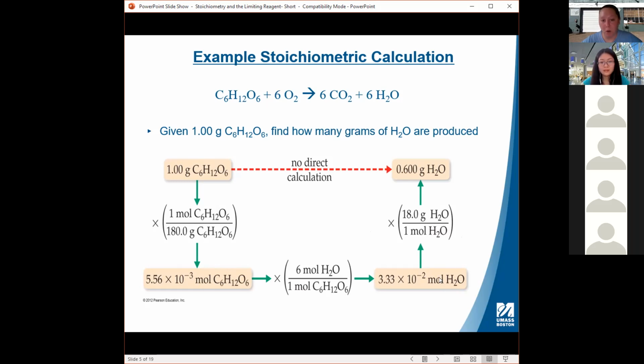When we're going from moles to grams, we want to use the regular molar mass with grams over moles. So we multiply the number of moles we can make by the molar mass of water, and we get 0.6 grams of H2O. So we are starting with 1 gram of sugar, and 1 gram of sugar can make 0.6 grams of H2O.